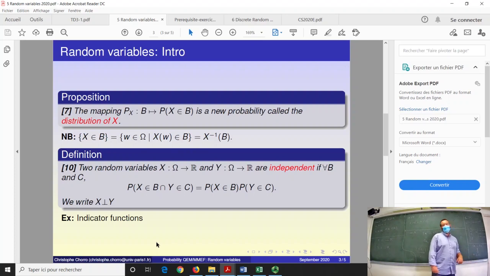But of course, for more complex random variables than this one, you will have to do more to consider all the possible preimages, which may be tricky to find in some examples. But don't worry, because in a few sessions we will have more tools in order to prove independence of random variables that are easier to check than considering all the possible preimages.